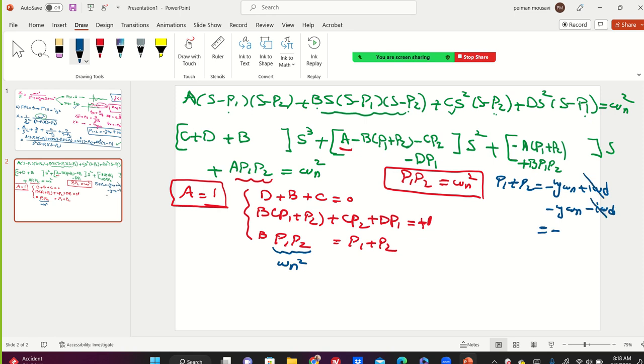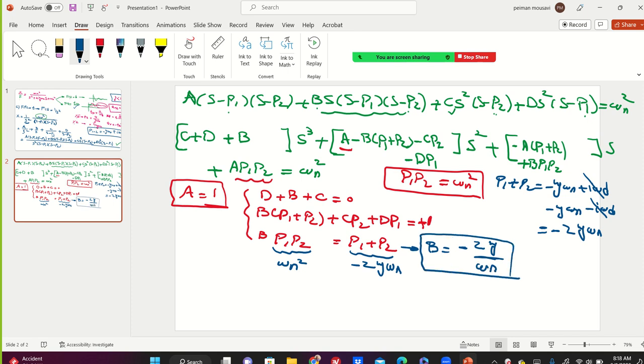Gonna be minus 2 zeta omega n, right? So this is minus 2 zeta omega n. So you get from here that your B gonna be minus 2 zeta over omega n. Bingo.